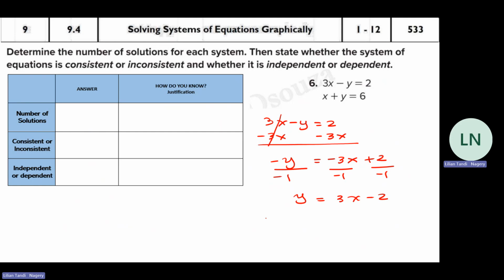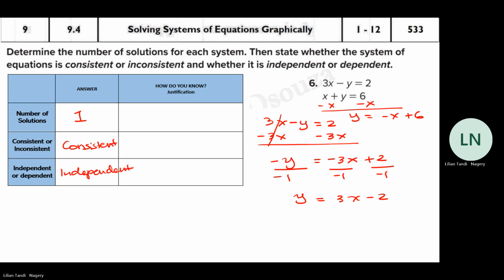And then here you have y equals negative x plus 6. The slopes are different, the y-intercepts are different. One solution, consistent, independent.